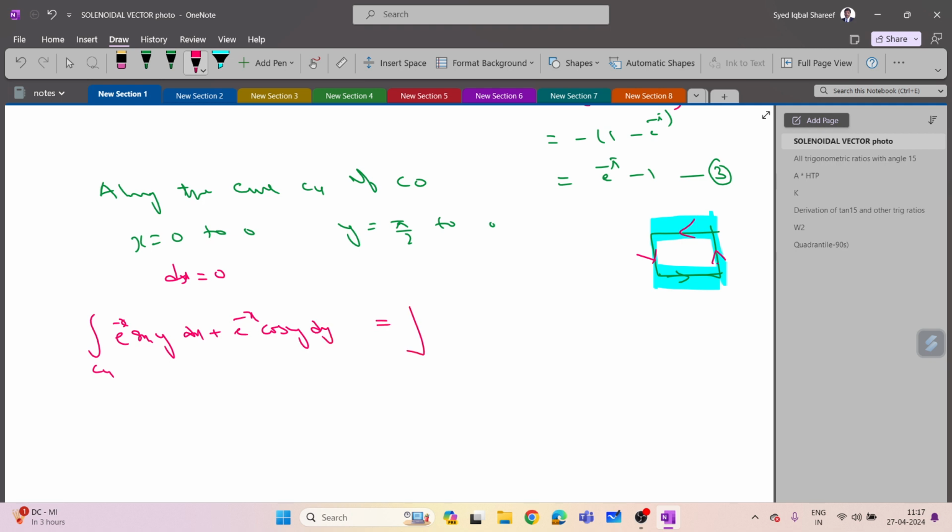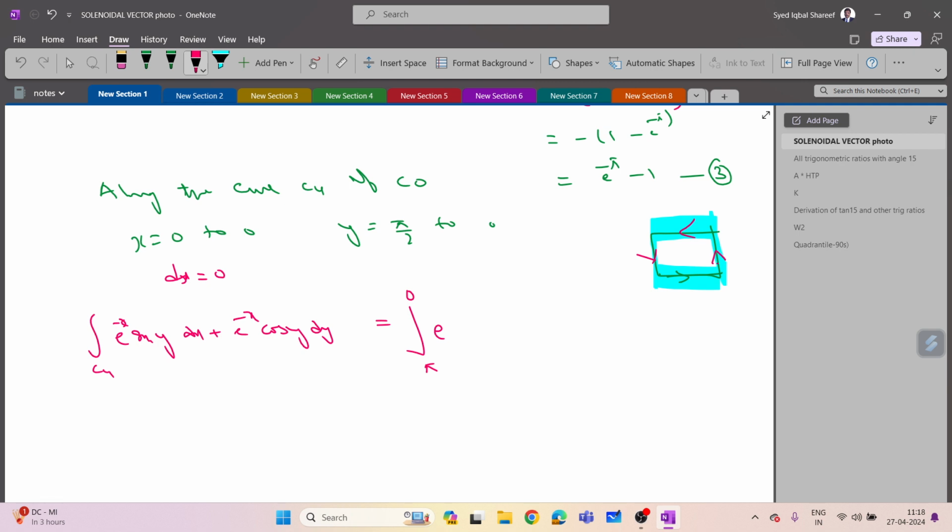So what it says, dx is 0 means the complete part is 0. X is 0, and it is pi to 0.